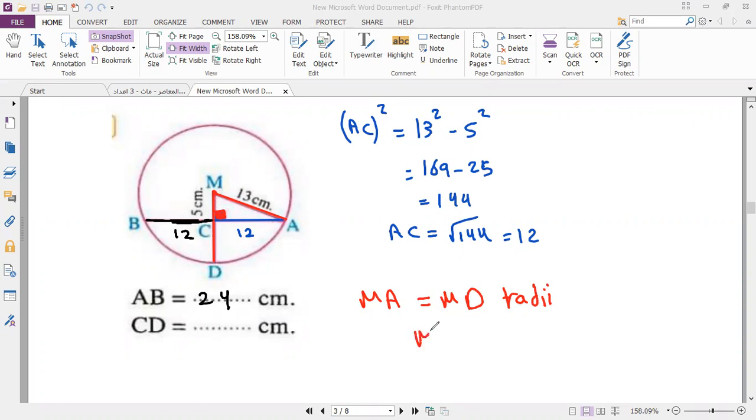So MD in this case equals 13 centimeters. And we have MC, a small part of it. MC is 5. So subtract 13 minus 5 equals 8. So the length of CD in this case is going to be 8 centimeters.